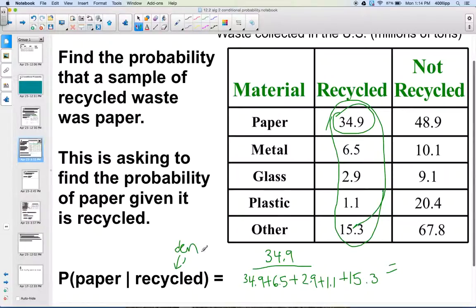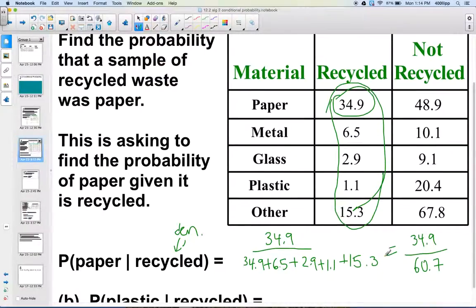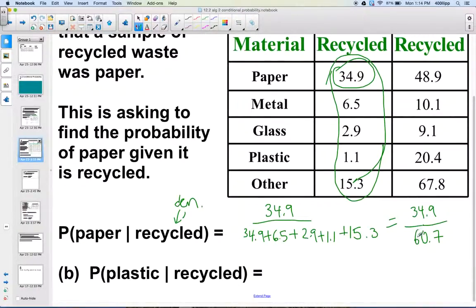So we have 34.9 in the numerator, and when I add all of this up in the denominator, I get 60.7. Then we divide, and we get about 0.57, or 57%, which means that the probability of paper, given it was recycled, is 57%.